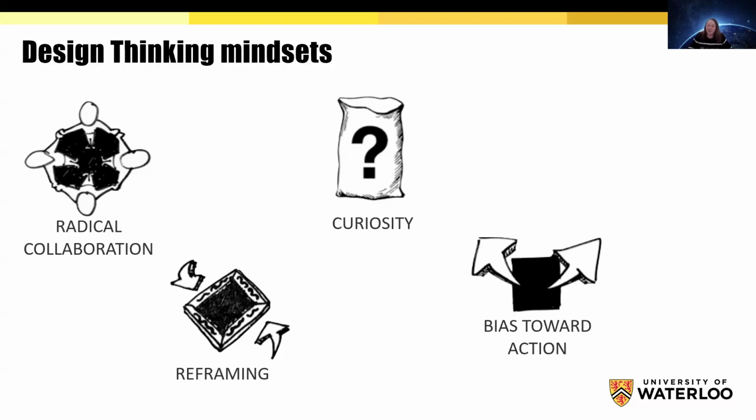Bias towards action. And what this means is that in the design thinking process, we always have to be moving forward or backwards or somewhere. We have to be moving somewhere, right? So this means that when we get to a point of failure of something not working out, we can't just stay there and go, oh well, guess I'll just keep doing whatever this is, right?